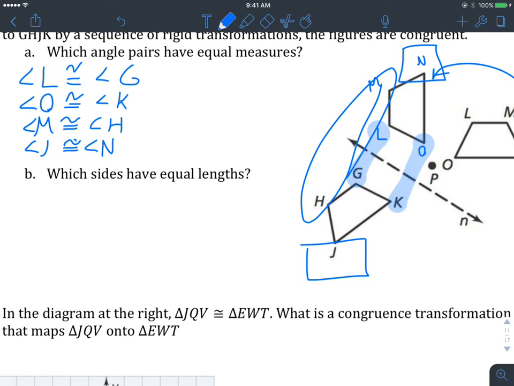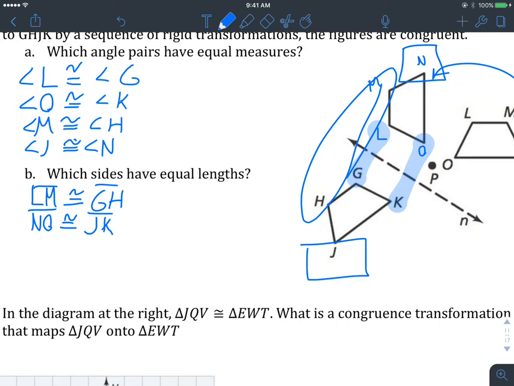Once we know that, it helps us figure out which sides are going to be congruent. So I'll start with the short side. I'll say LM is congruent to GH. I'll go with the other base. So what is that? JK and NO. So I'll say NO, and I need my segment symbols here. NO is congruent to JK.